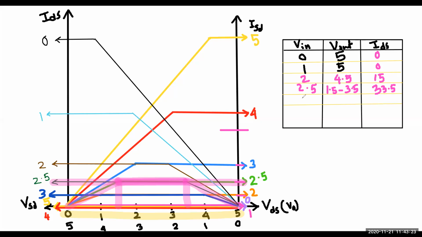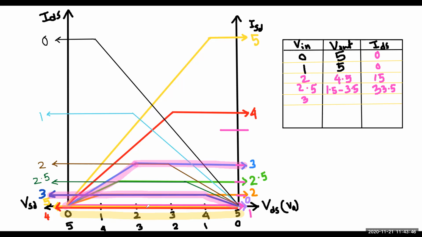For the next one, that means for 3, what will be the value? This one is the 3 line, and this one is the 3 line.